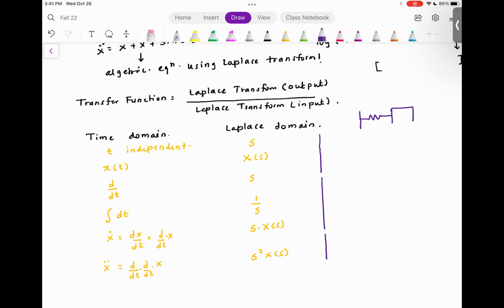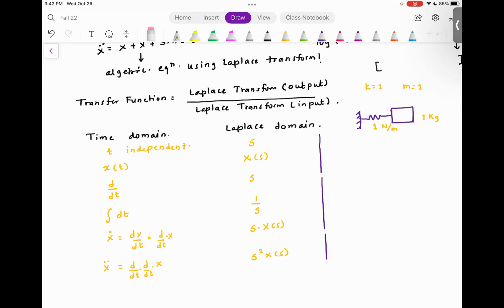This spring mass system has stiffness K equal to 1 Newton per meter, and mass M equal to 1 kilogram.